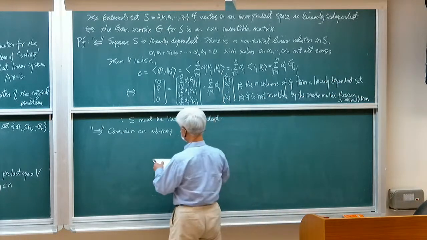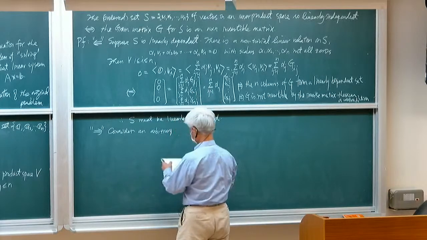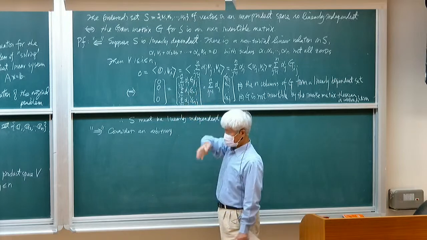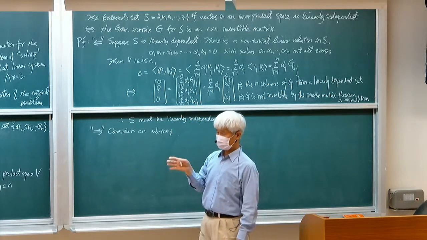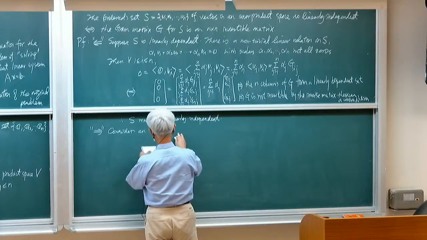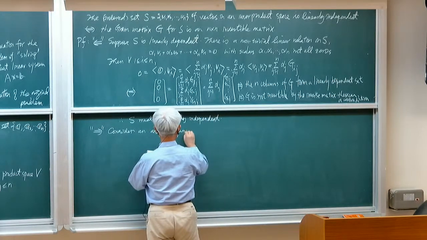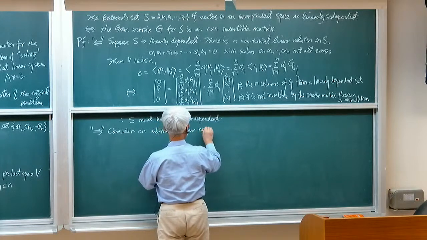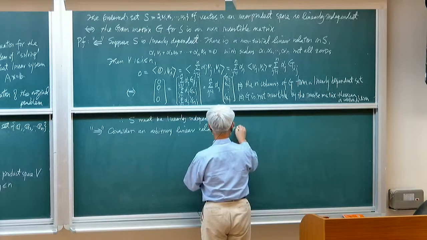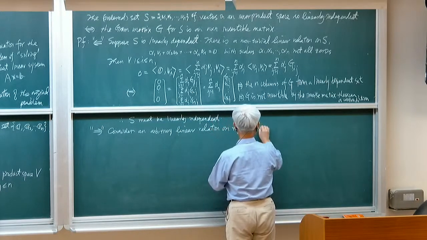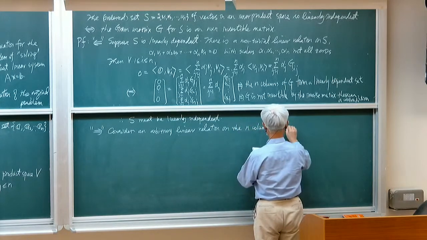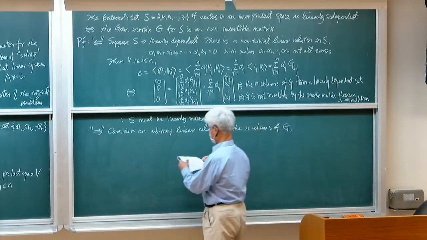To show that the Gram matrix G is invertible, we have to show that the n columns of G are linearly independent. So we consider an arbitrary linear relation on the n columns of G.